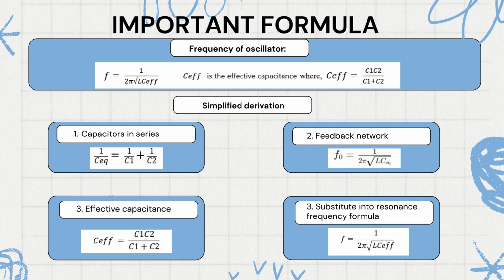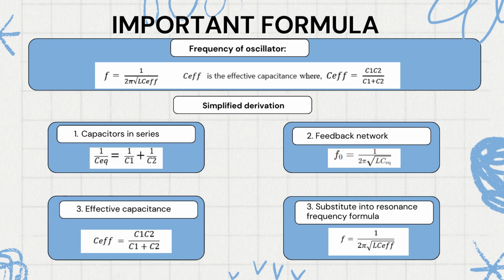root L C equivalent. So now simplify C equivalent into an effective capacitance CEFF, which represents the feedback capacitors in the oscillator circuit. This is done by using the formula for capacitors in series, that is CEFF equal to C1 times C2 per C1 plus C2.